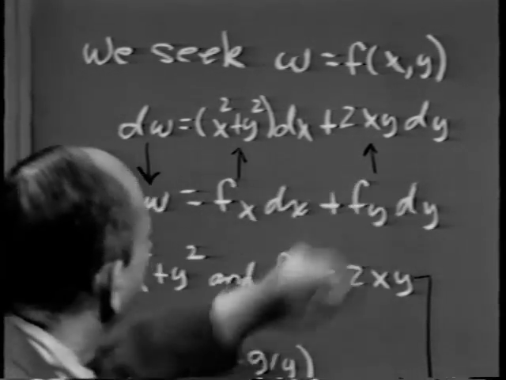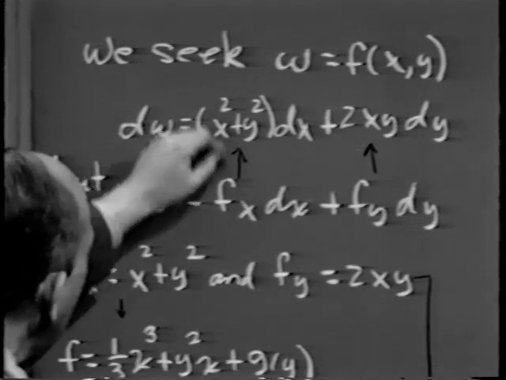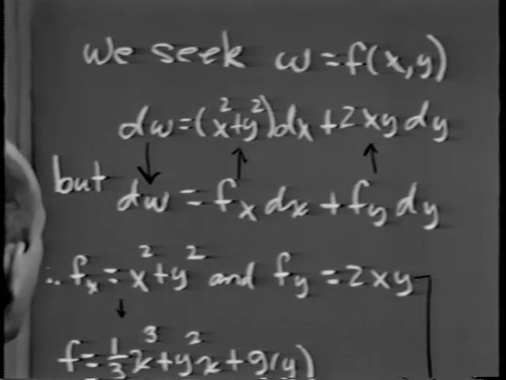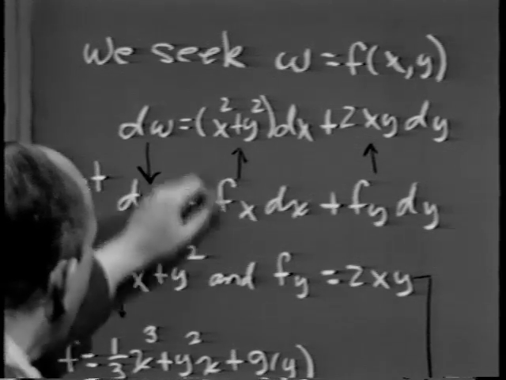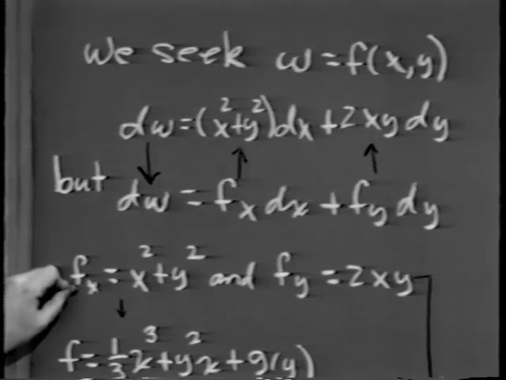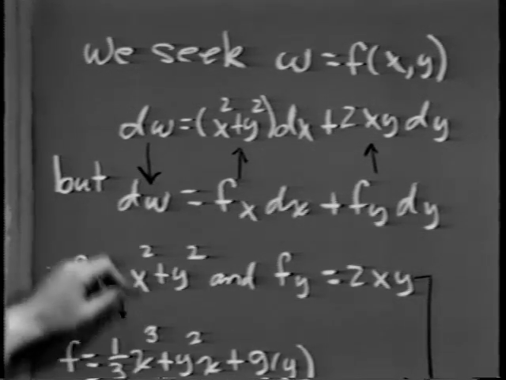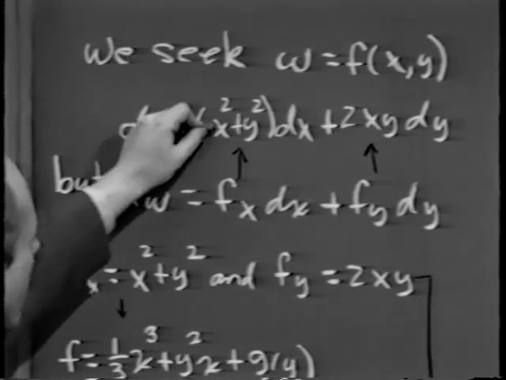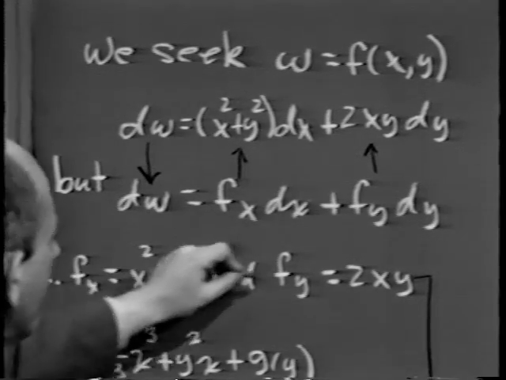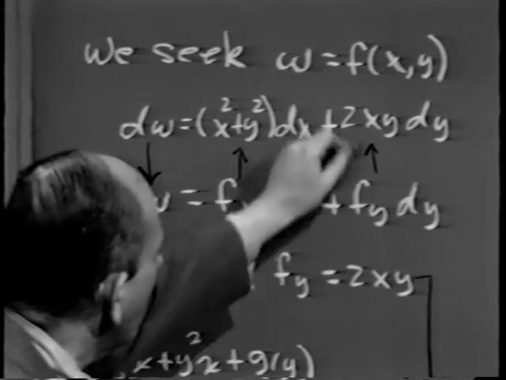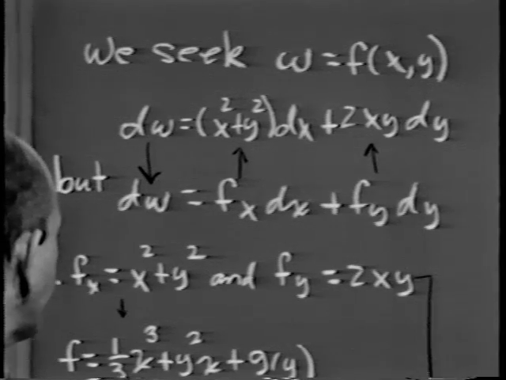Since dx and dy are independent variables, the only way these two expressions can be identical is coefficient by coefficient. That means in particular that the partial of f with respect to x, which is the coefficient of dx here, must be x squared plus y squared, which is the coefficient of dx here. And similarly, the partial of f with respect to y must equal 2xy.